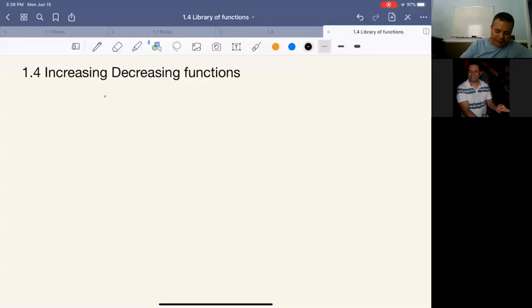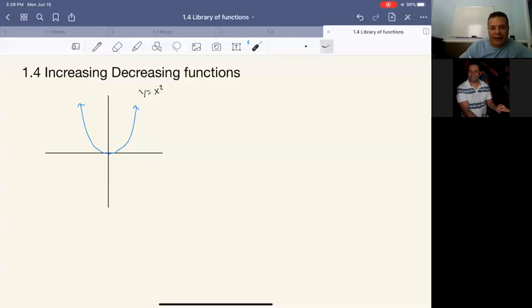So start with my favorite function, y equals x squared. So y equals x squared looks like so. Okay, and as you're moving from left to right, over here, it's actually going down.